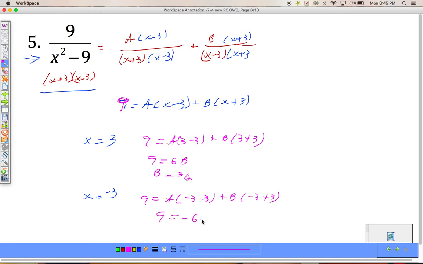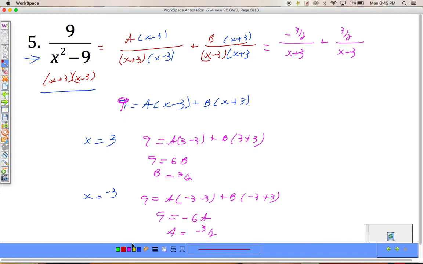Nine equals negative 6a. A equals negative 3/2. So I'm going to put negative 3/2 over x plus 3 plus 3/2 over x minus 3.